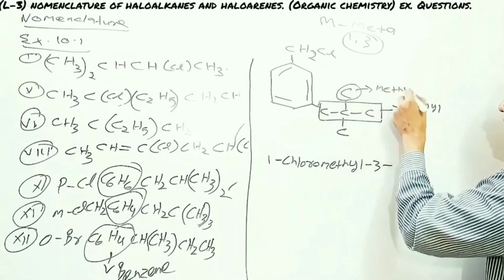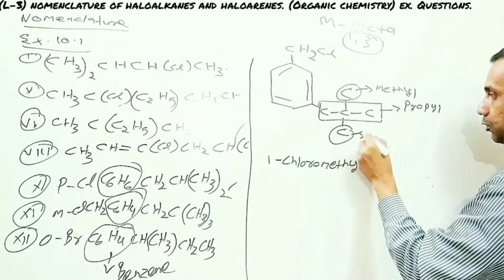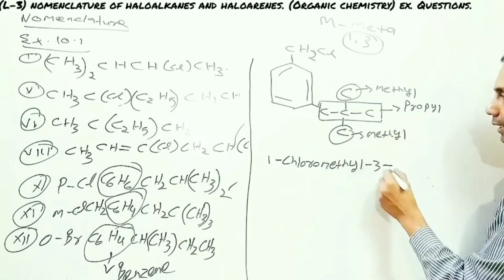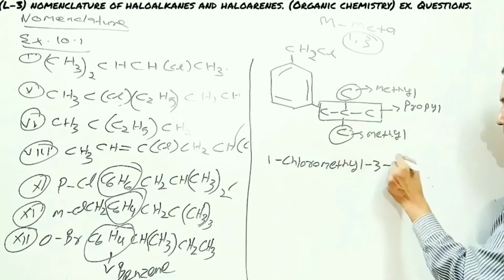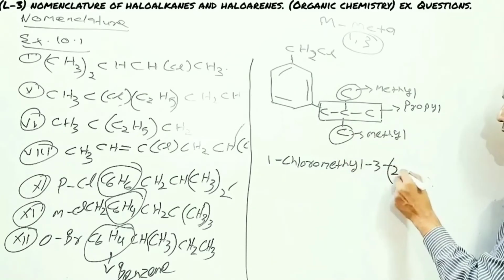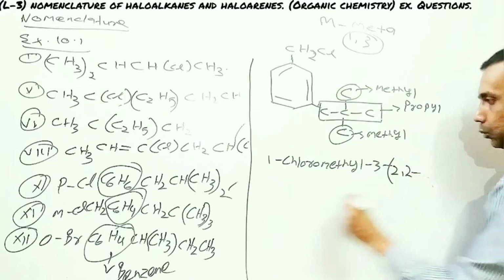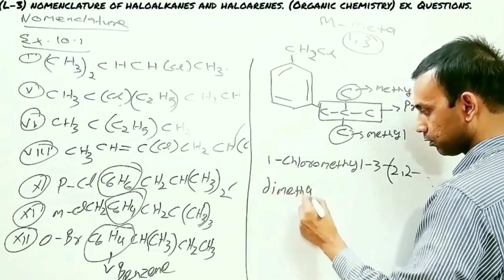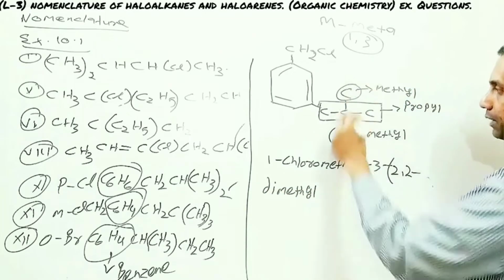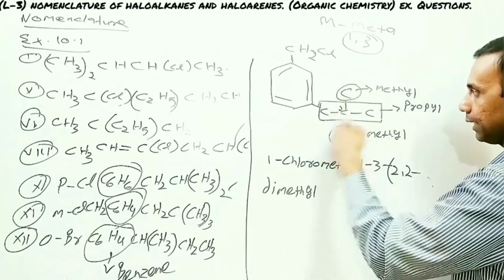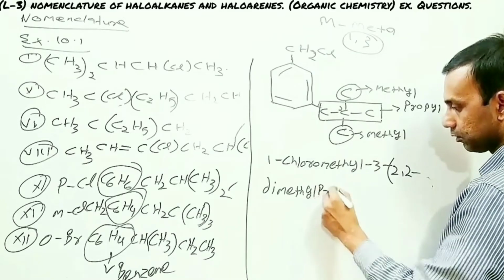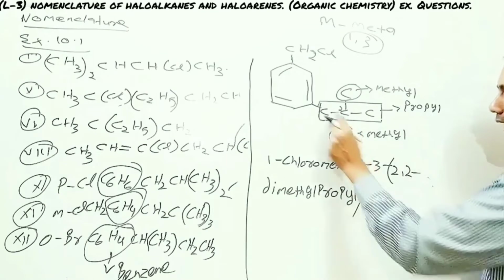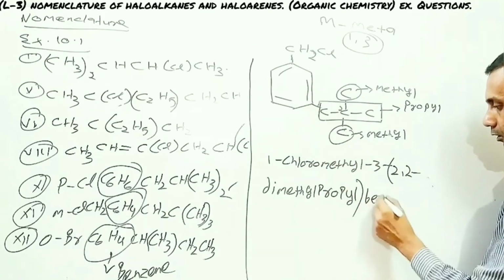This is methyl here. Of course, this is also going to be a methyl. So I'm writing 3. Okay, then I'm placing a bracket here. 2 dimethyl, because it's on 2, dimethyl, and the 3 carbon is called propyl. Now close the bracket and write benzene.